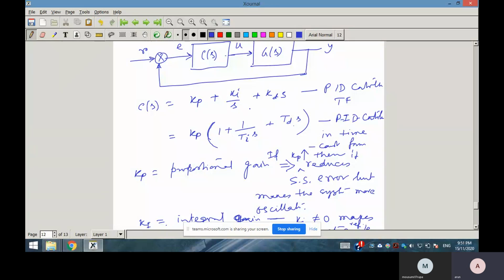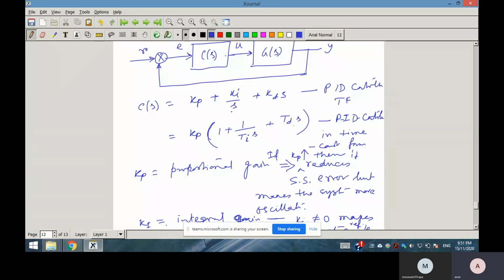So the zero location of the controller is Ki by Kp.